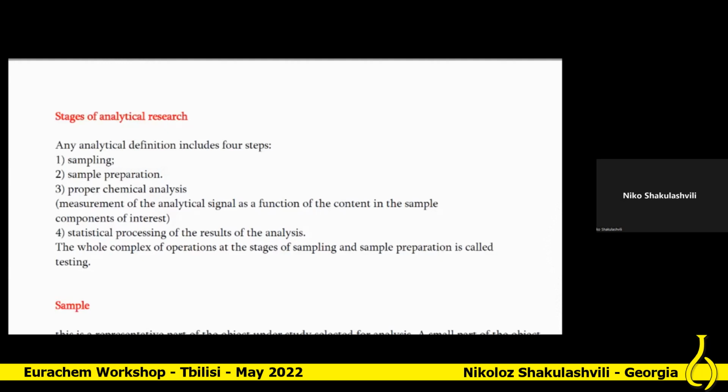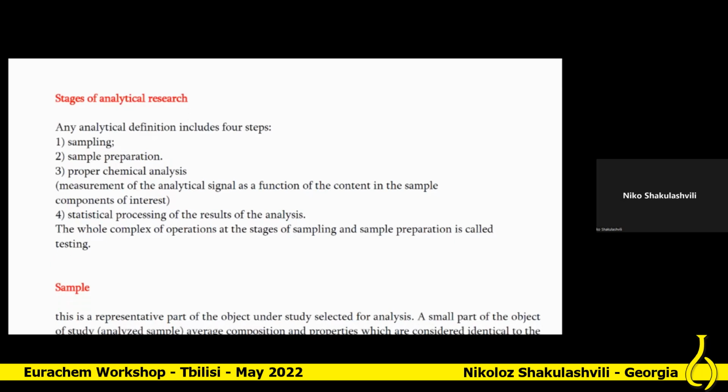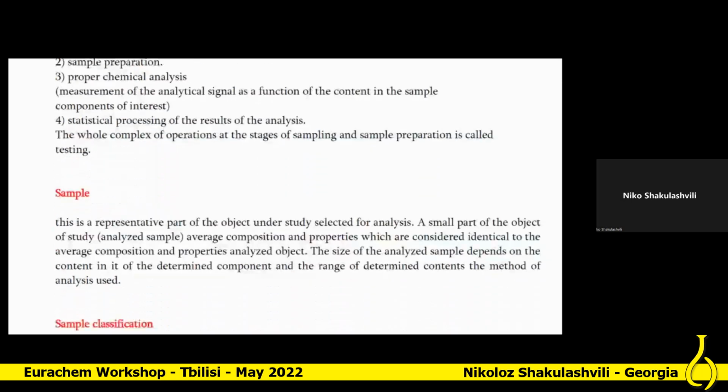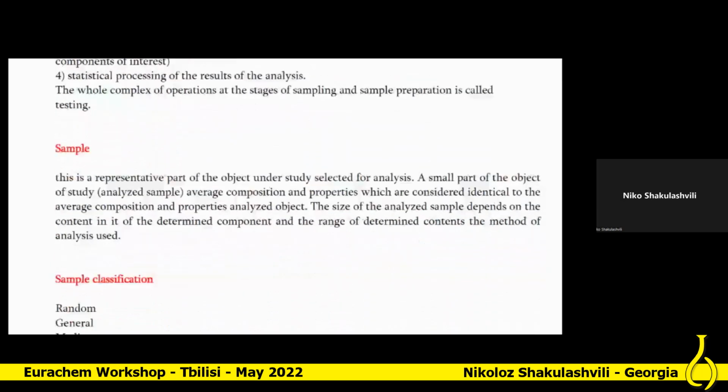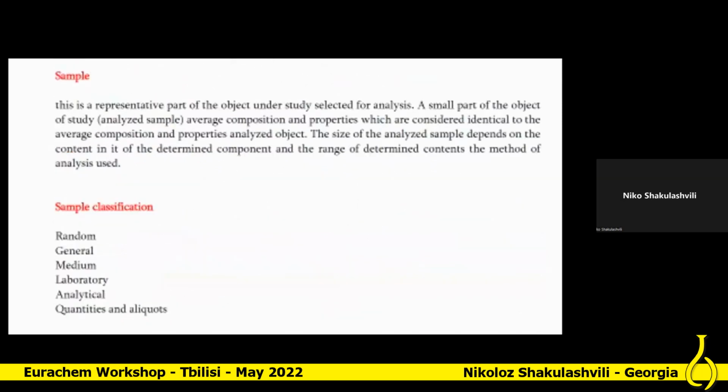What is a sample? In general, a sample is a particular part of the object that we are going to analyze, which needs to be taken for further analysis. We are picking a small part of it for further analysis, and then average composition and properties are considered, and they are identical to the average composition of the properties of the object, of the food.